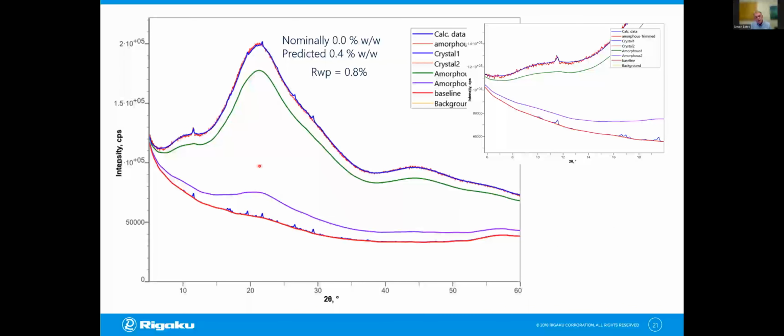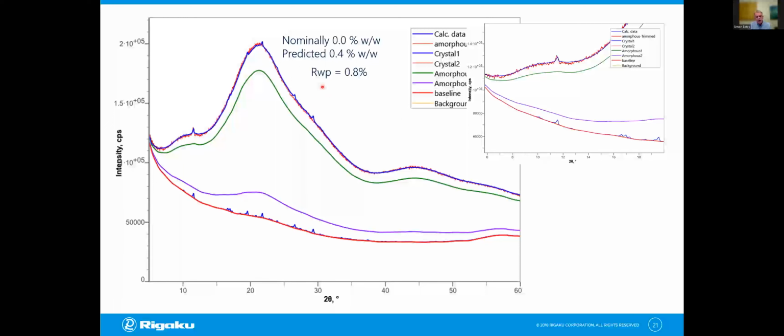So this is the example using the 4 components extracted using the ALS-MCR. We fit it to the data. And you can see in the zoomed image that we are picking up and fitting to that small teeny-weeny crystalline peak. And it returns a predictive value of about 0.4% weight crystalline material. And this illustrates again how easy and simple it is to set these methods up, how robust they are, and how you can apply them for a broad range of everyday problems that you're going to be facing in the laboratory.